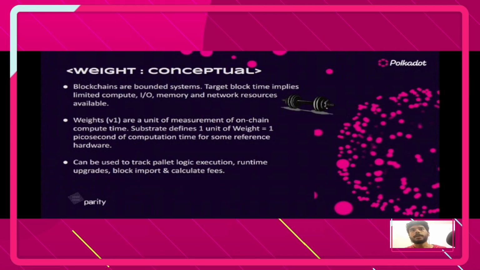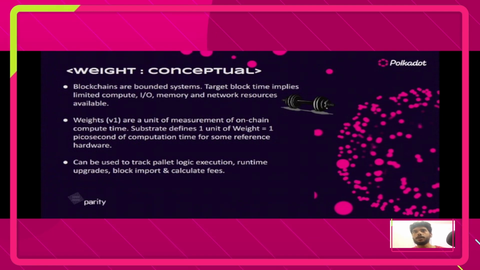Then you need to propagate the block through your network so that other validators and peers can get your block and import it into the state. All this needs to happen within a certain amount of time, and hence we need some kind of metric that would enforce such a bound. Weights are that instrument.